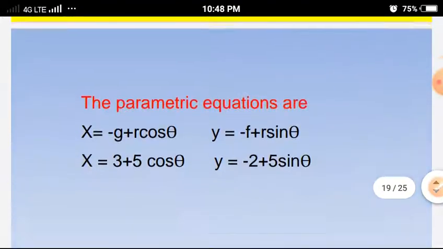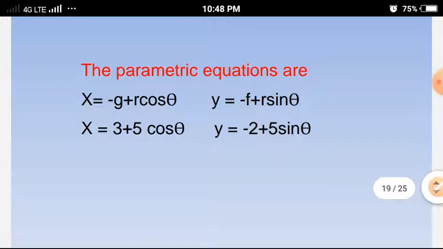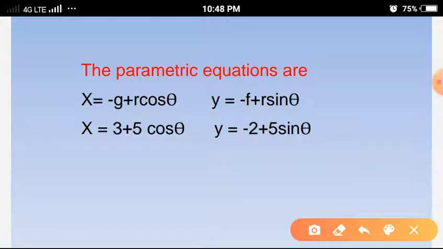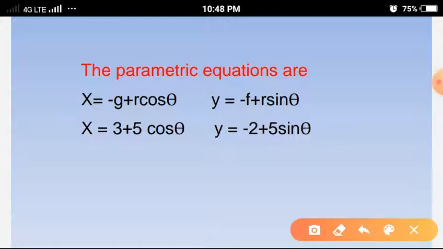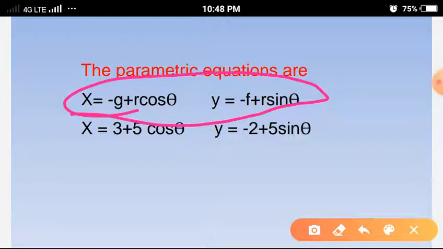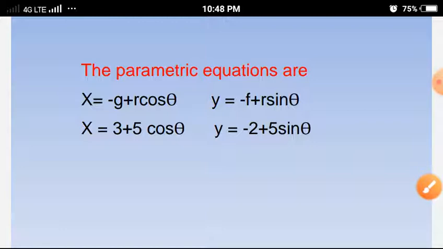Next we have to find the parametric equations of the circle. The parametric equations of the circle are x is equal to minus g plus r cos theta, y is equal to minus f plus r sin theta. These two are called parametric equations of the circle. To find them, we have to get the values of g and f, then the radius, and only then we get the parametric equations.